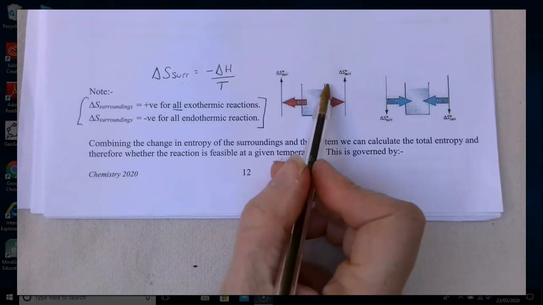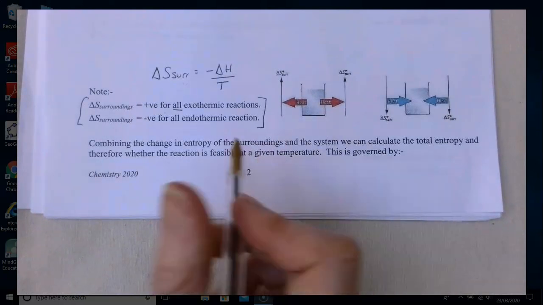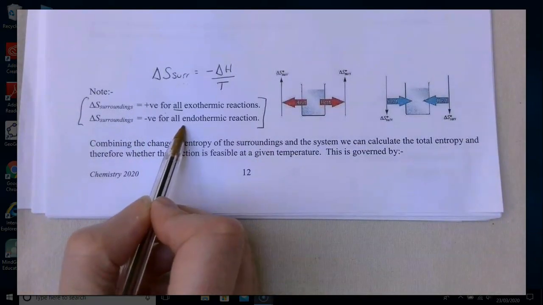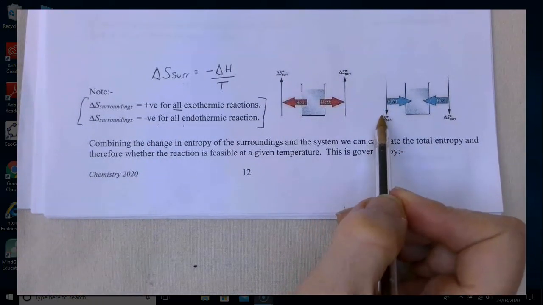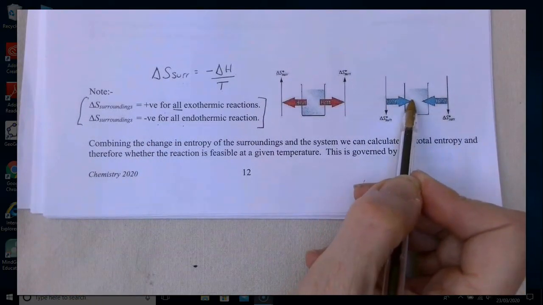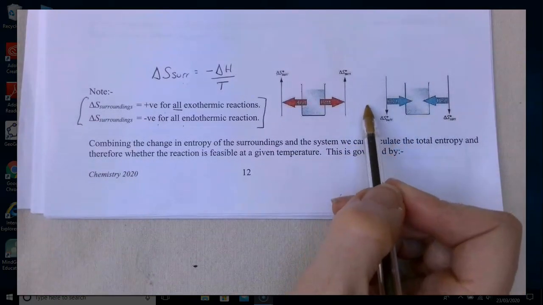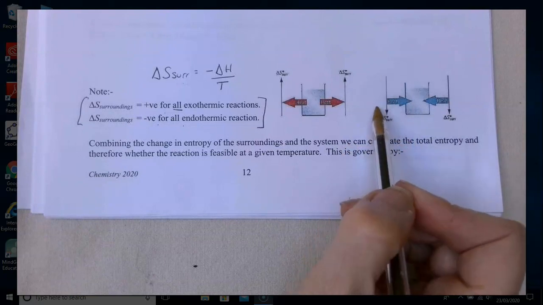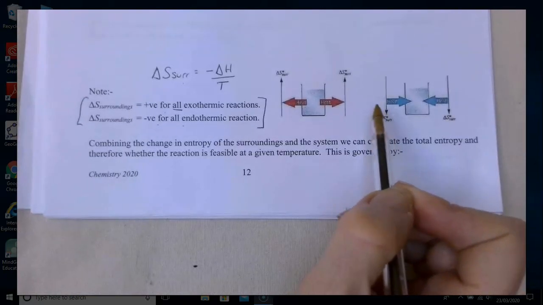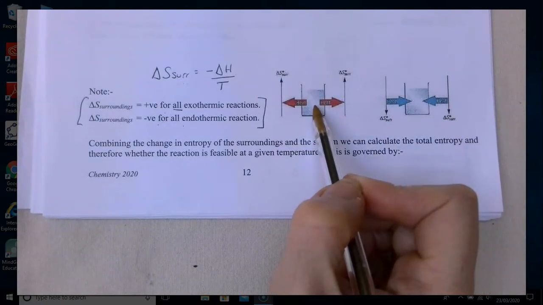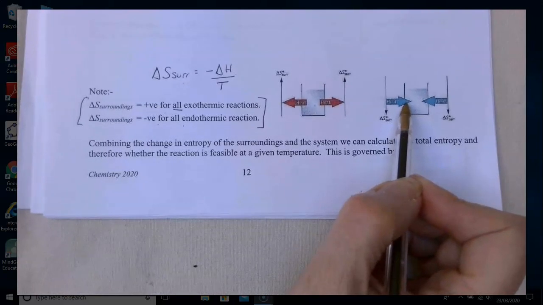So it's going to give the surroundings a higher entropy. They're going to become more disordered. Likewise, for endothermic reactions, it is always negative, because the surroundings are losing energy to the system. So therefore, they must be becoming more ordered, colder, if you like. They might even change state into a solid. So you've got these two things: exothermic reactions where it's always positive, and endothermic reactions where it's always negative.